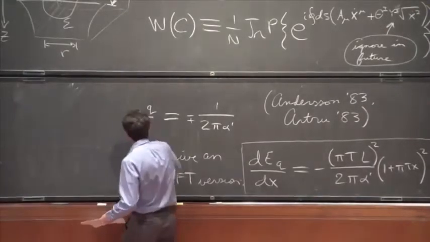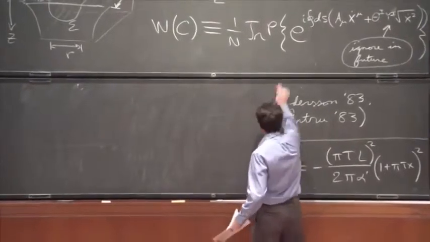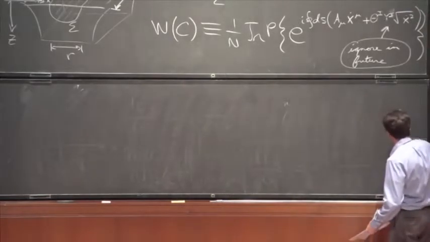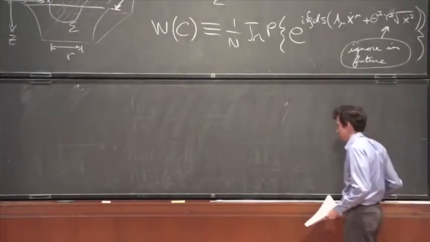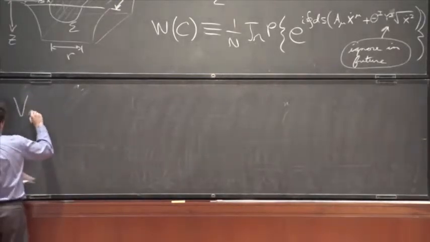So what are we going to get when we replay our Wilson loop calculation in this finite temperature geometry? Well, in outline, it's very predictable.